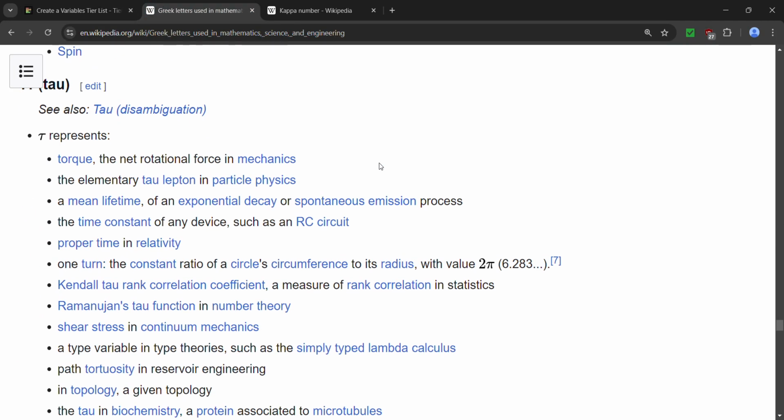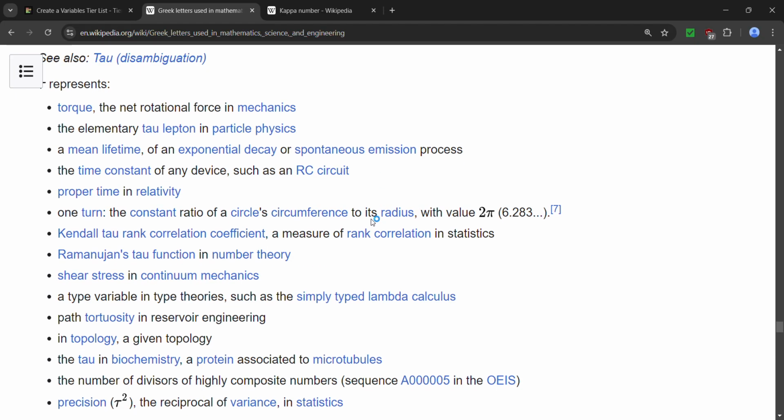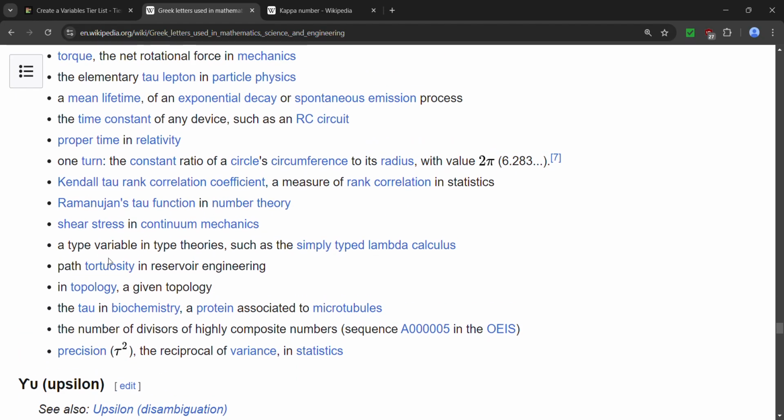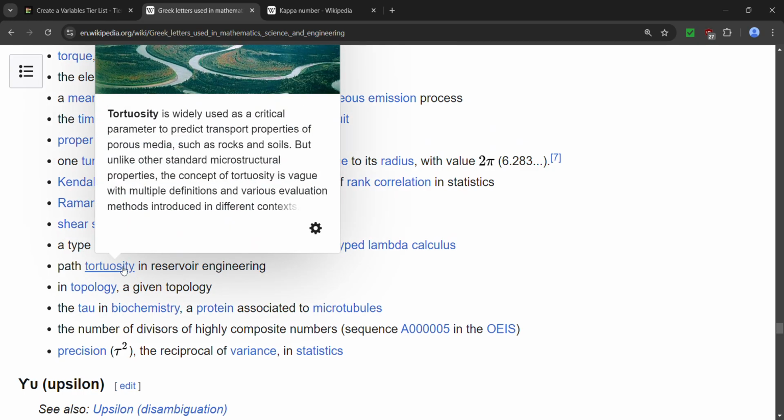Tau, right? Torque. Mean lifetime, sure. Time constant. Proper time. I always just use T prime for that, but okay. Shear stress, yep. Path tortuosity. Oh, that's cool. I don't know anything about that.